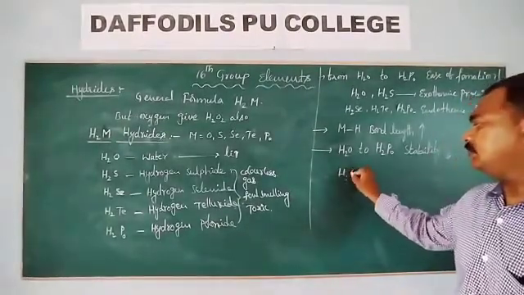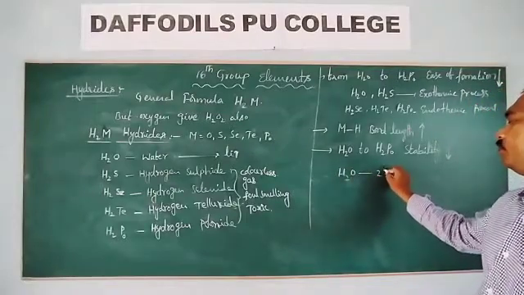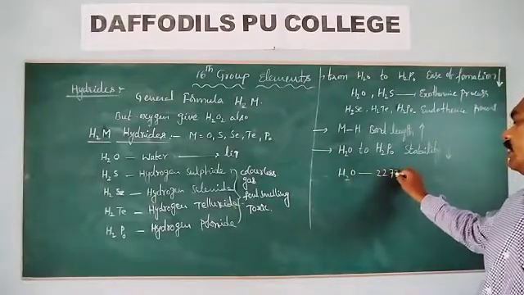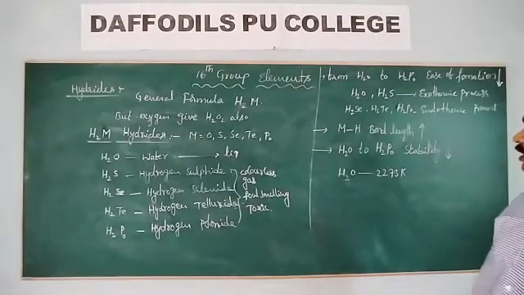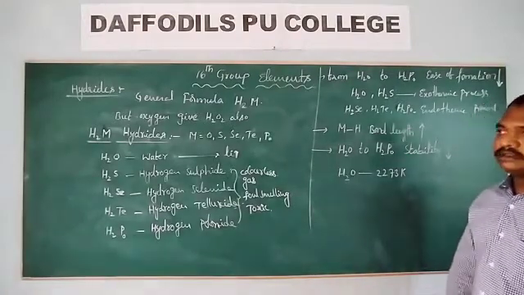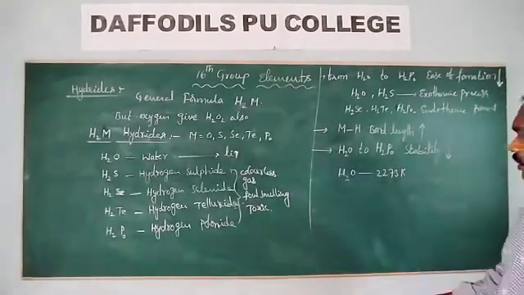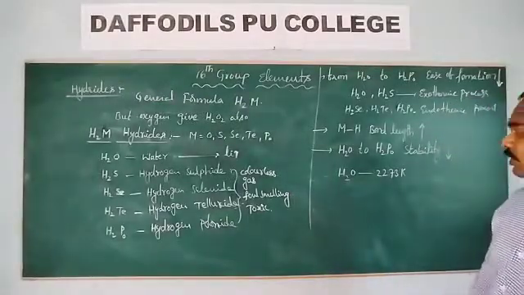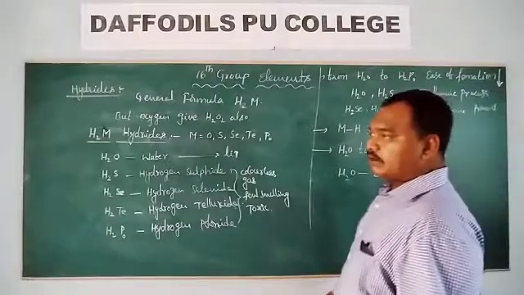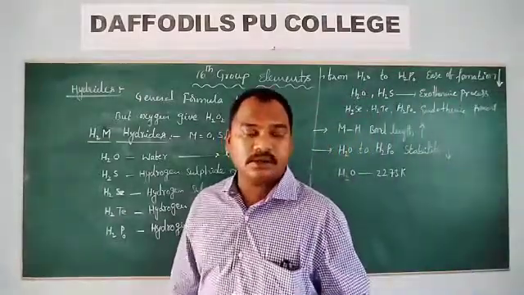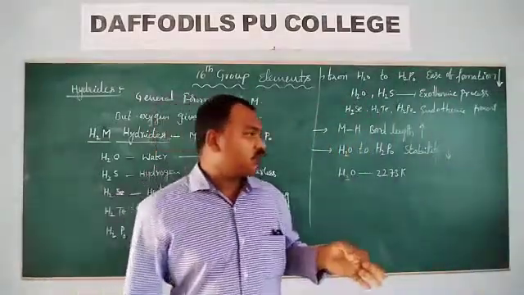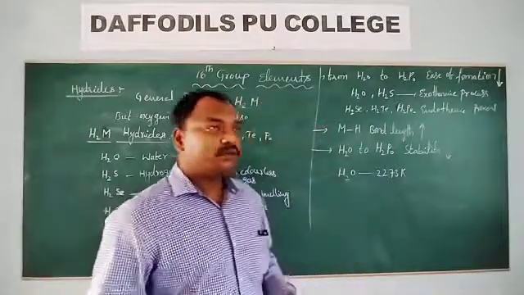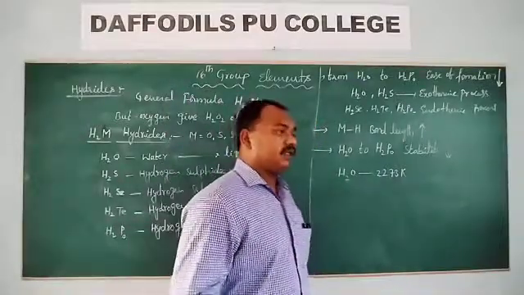H2O is stable up to 2273 kelvins, means it is stable up to 2000 degrees centigrade. So H2O does not undergo dissociation, it remains as an H2O molecule up to 2000 degrees centigrade.